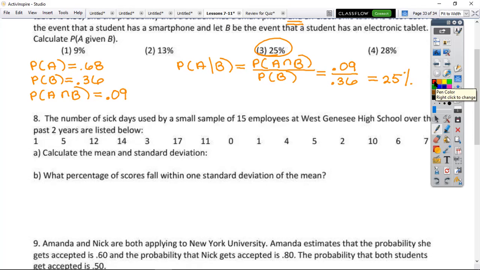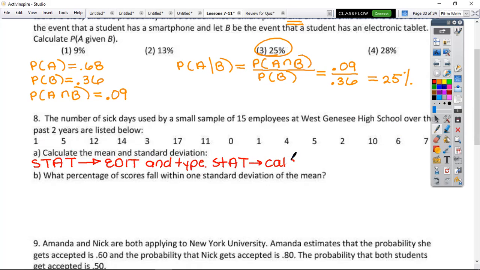So what you would do, because I'll just give you the answer here, is you would hit stat over to edit, and you would type the data. You quit out of that screen and you hit stat over to calculate, and you select option 1, which is 1 variable statistics.